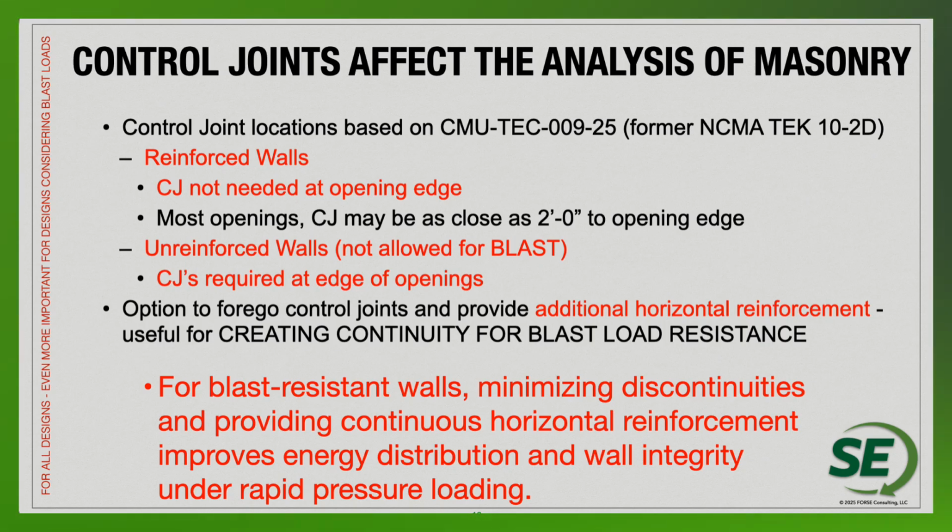And like I said, there's an option to forego movement joints, control joints, and provide additional horizontal reinforcement. It's really useful for creating that larger continuous masonry element that would be more advantageous for blast load resistance.